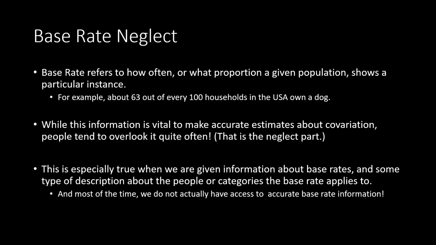So making this even worse is that we tend to ignore base rates and look at trait qualities or descriptions, and then a lot of times in the world we just don't have access to accurate base rate information. From a scientific point of view, it is already lacking because it is difficult to measure entire populations. And then from a non-scientific standpoint, most of us don't even know what base rates are, let alone where to find them or how to estimate them accurately.